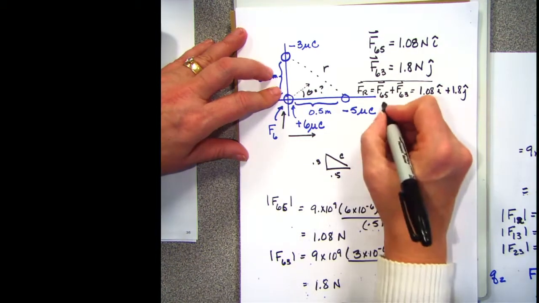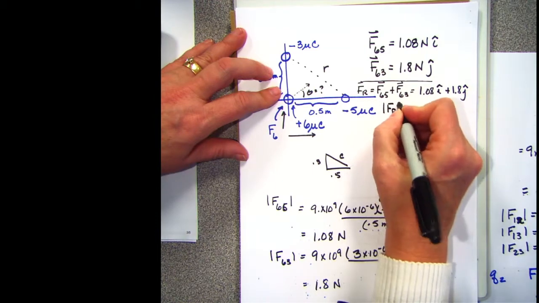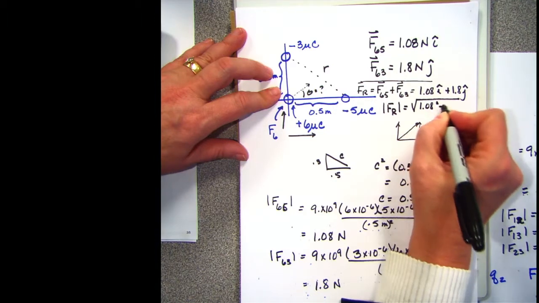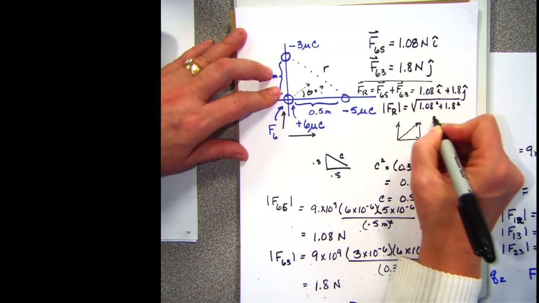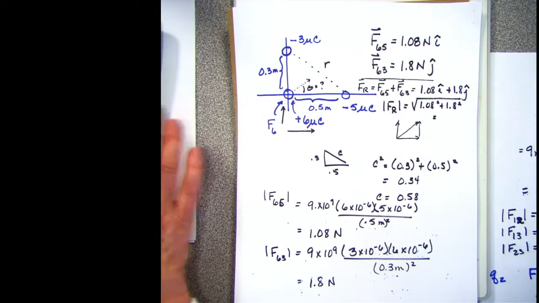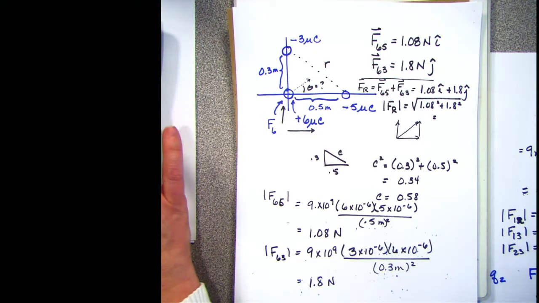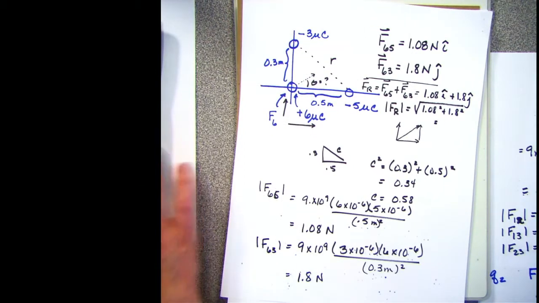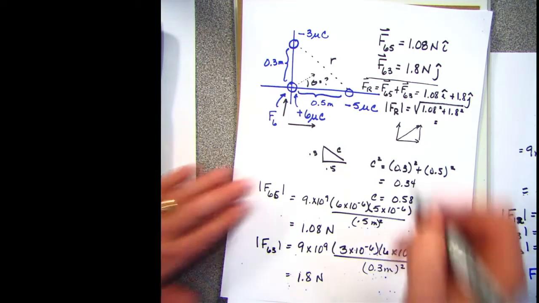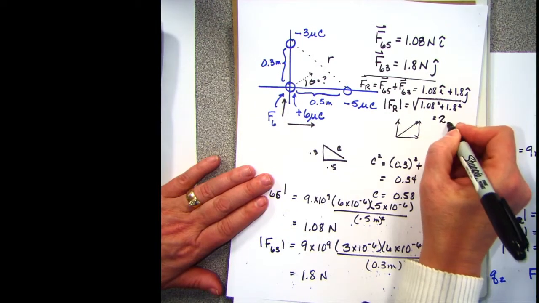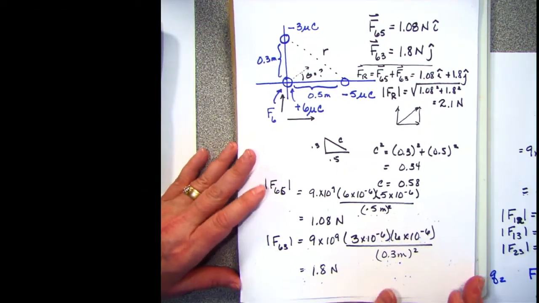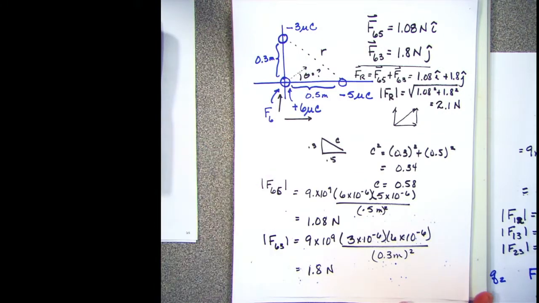So now I can calculate the magnitude of that vector. That's just going to be the square root of 1.08 squared plus 1.8 squared. And when I do that, this gives me, it looks like something on the order of 2.1 newtons. So the magnitude is 2.1 newtons.